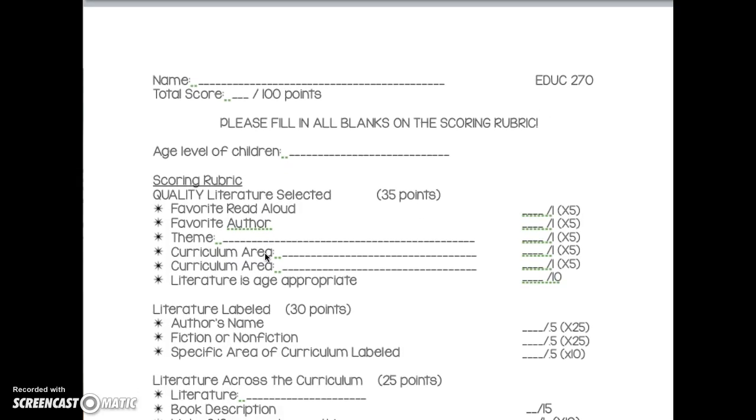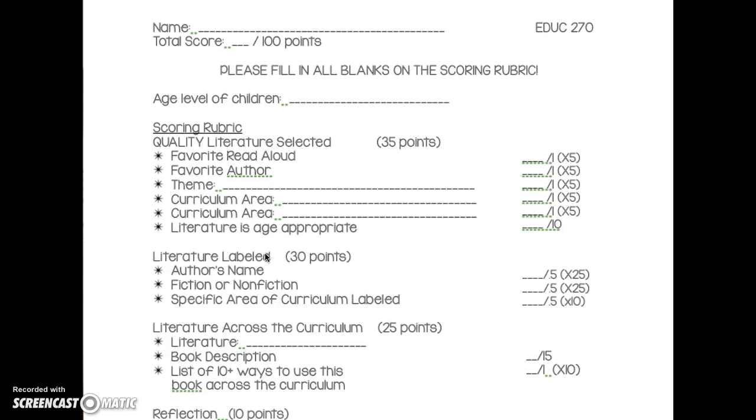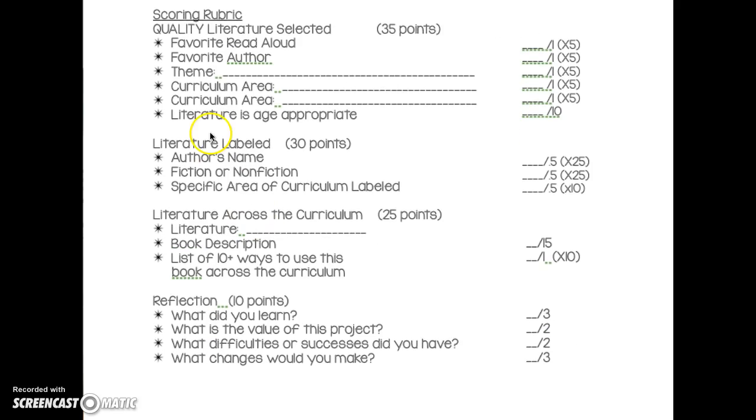As we scroll down to see the rubric, there is also a rubric on D2L that is less of a checklist form and looks more like a traditional rubric, but they will carry the same information. You can see that we haven't discussed one part of the project, and that's labeling your literature.